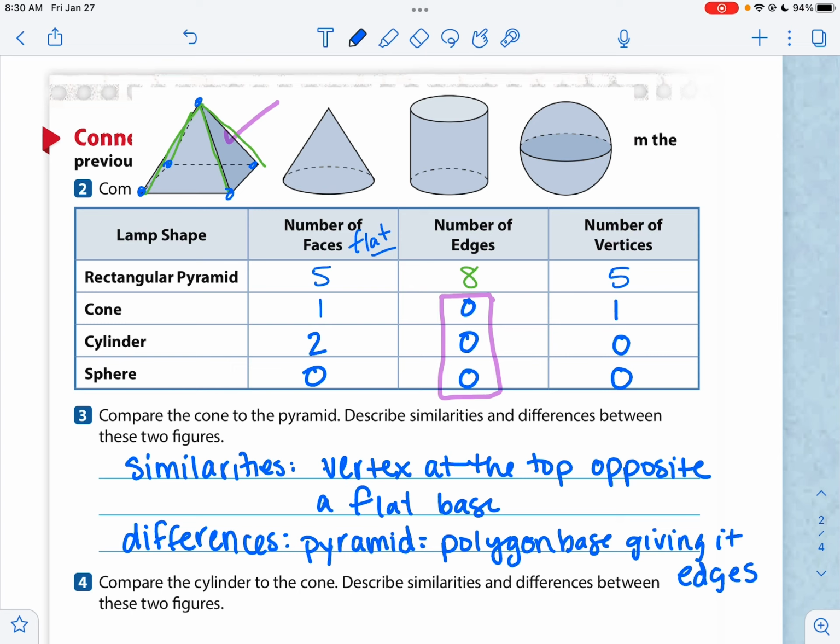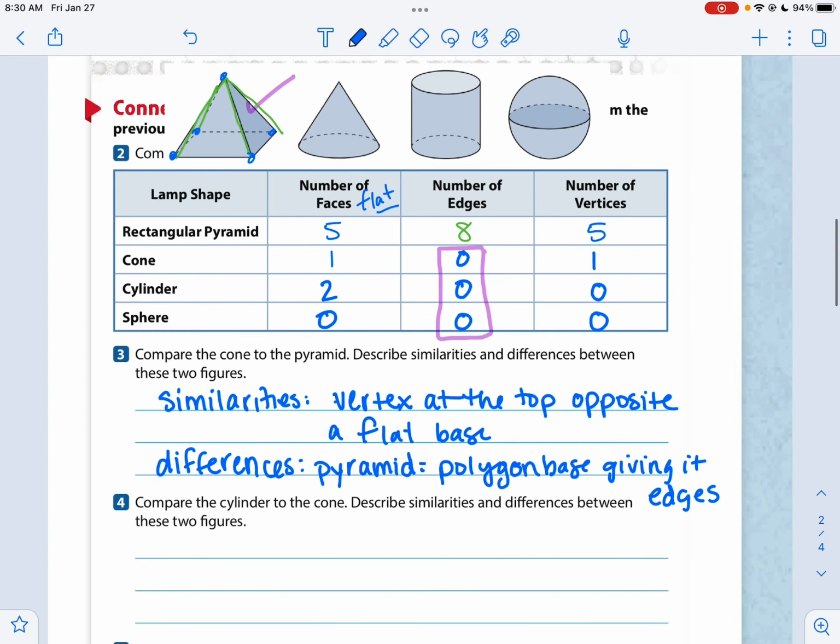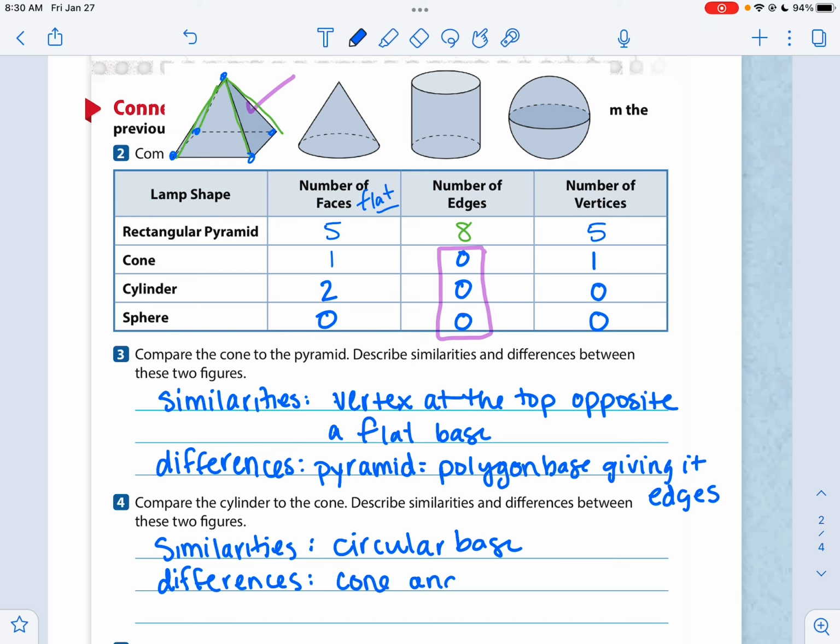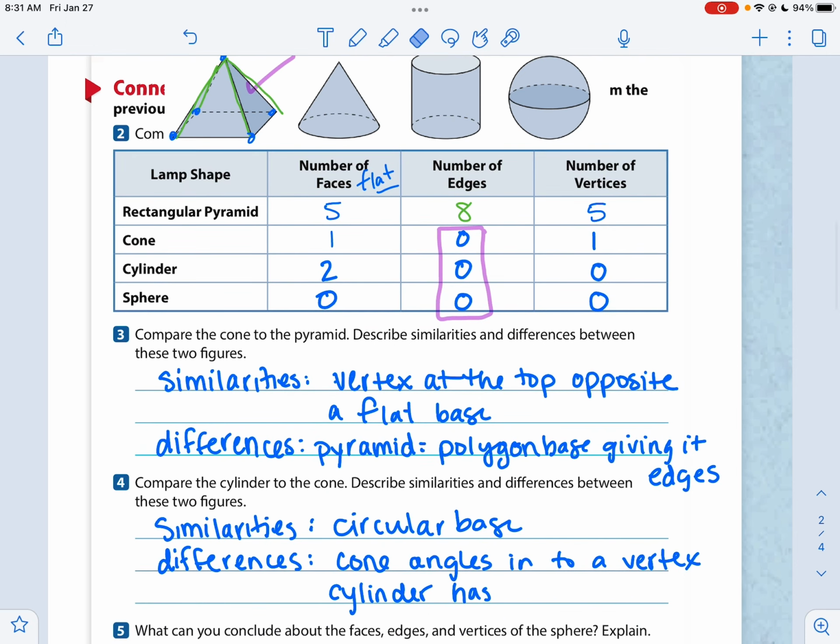Now the cylinder versus the cone. Similarities, I would say the circular base. But differences, obviously, the cone angles into a vertex, whereas the cylinder goes straight up.